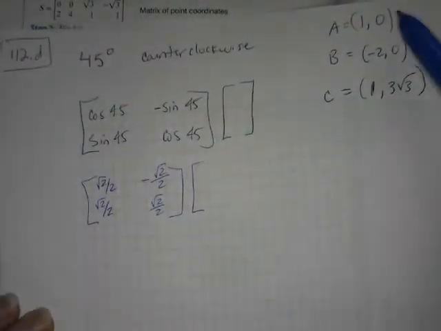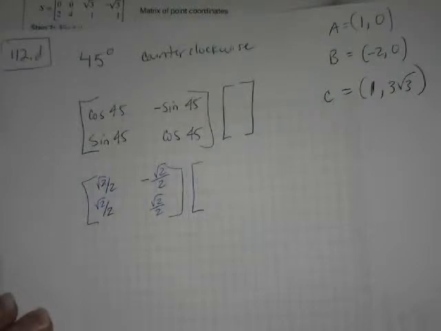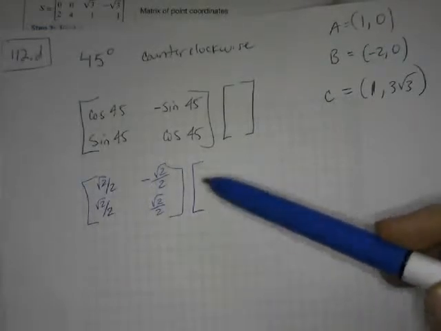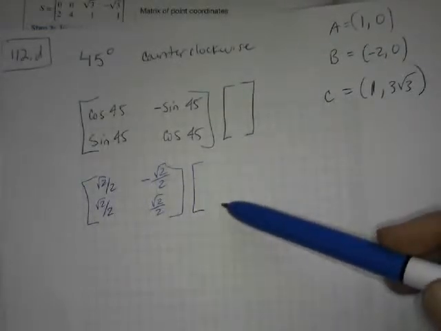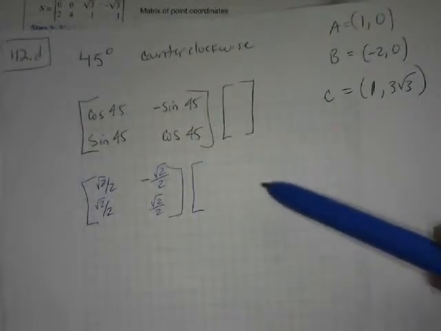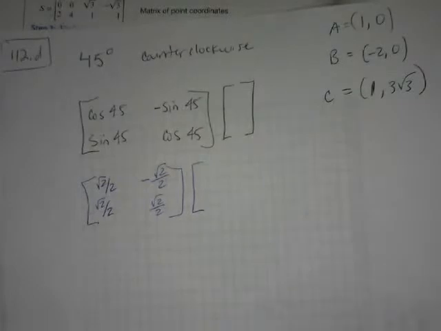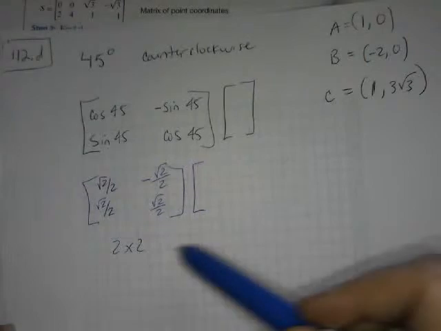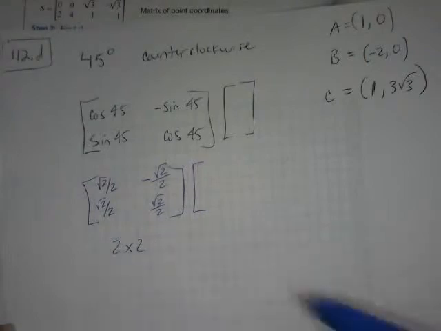Now, if I wanted to, I can multiply it by a big giant matrix. Like I could go 1, 0, negative 2, 0, 1, 3 root 3, and then I would have a 2 by 3 matrix. This is a 2 by 2. And this, I could make it a 2 by 3, and then I'd get a 2 by 3 answer.